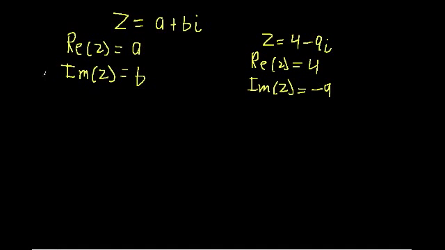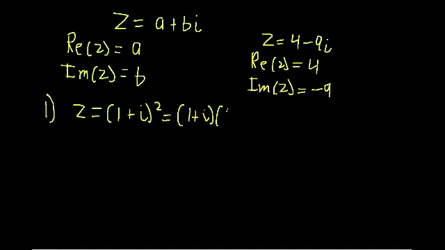So let's start off. Let's just say, for example 1, let's say that our complex number z is equal to (1 plus i) squared. Before we find out what the real and the imaginary part is, let's try and reduce it down to this standard form. And let's first do out the square, so that's 1 plus i times 1 plus i, and we can just distribute this out.